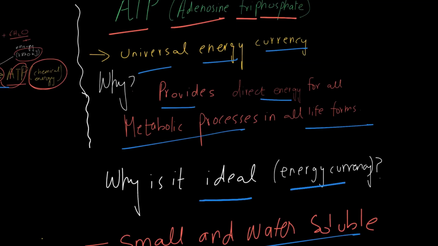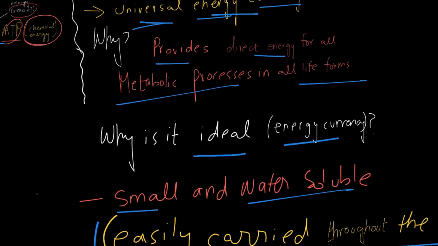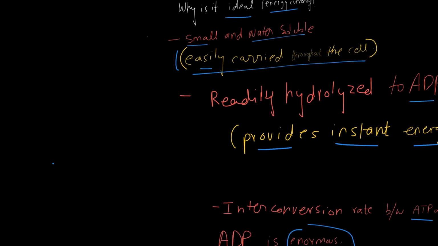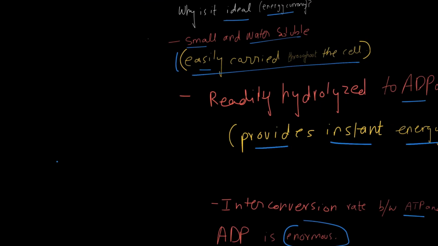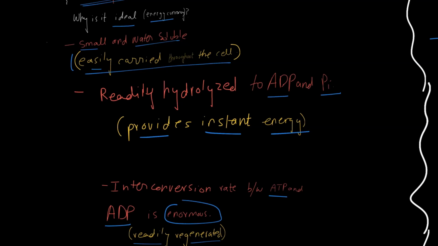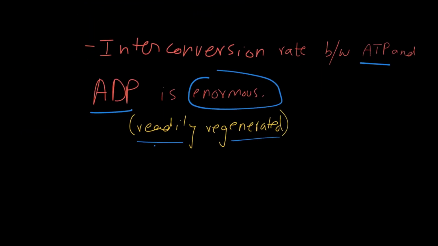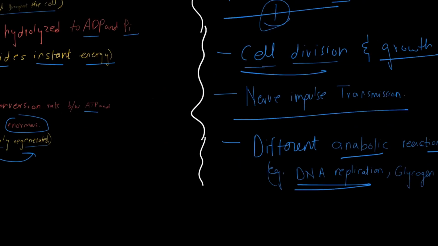ATP is the universal energy currency because it provides direct energy for all the metabolic processes in all life forms. Why is it ideal? Because it's small and water soluble, thus it can be carried easily. It's readily hydrolyzed from ATP to ADP and pi, providing instant energy, and the interconversion rate between ATP and ADP is enormous, thus readily regenerated as well.